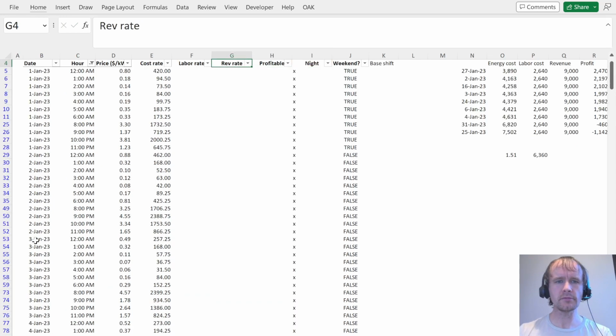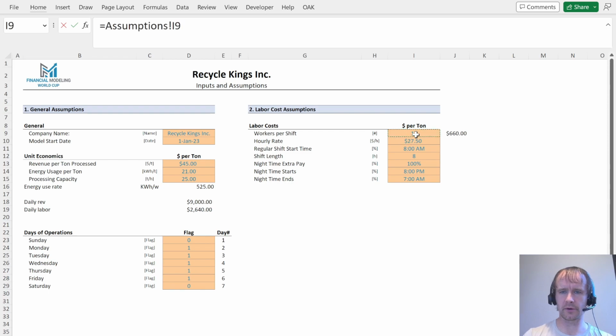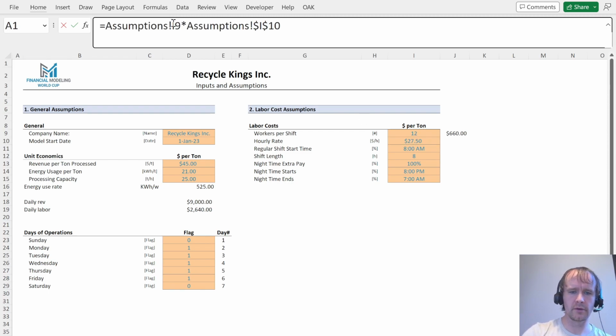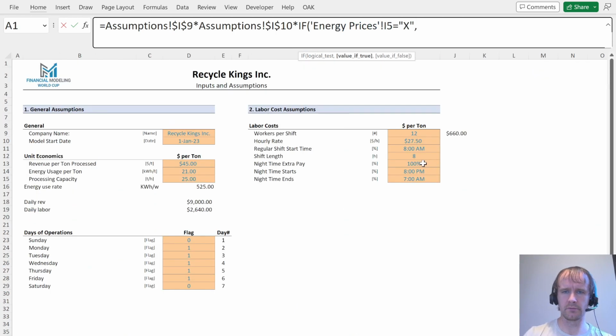Then the labor rate. So I'm just looking for an hour, so that is 12 workers times this. Sorry, I should be locking both of these. So that times if this equals x, then 2, otherwise 1.